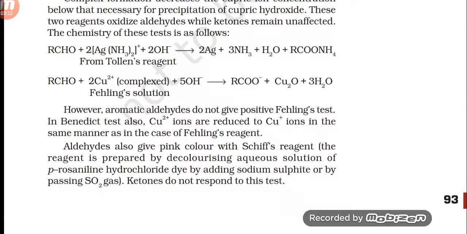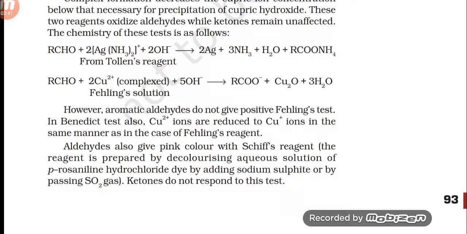So the chemistry of these tests is as follows: Tollens reagent is reduced, forming carboxylic acids, and from Fehling reagent we also form the acetate salt. However, aromatic aldehydes do not give a positive Fehling's test.